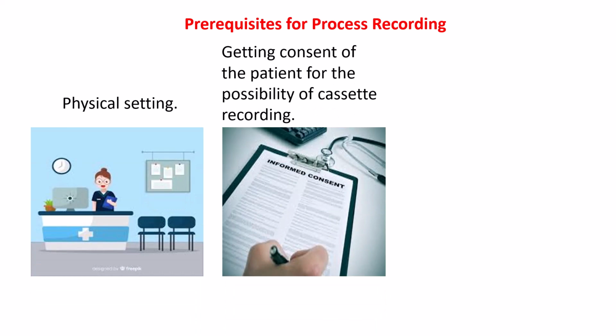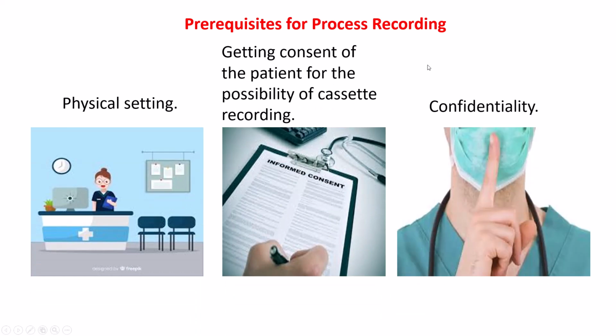At that time we have to get consent from their parents, cousins, or siblings who are responsible for the patient. So consent is important for cassette recording. This is another important prerequisite. We have to request the consent and get the signature from the patient or their relatives.